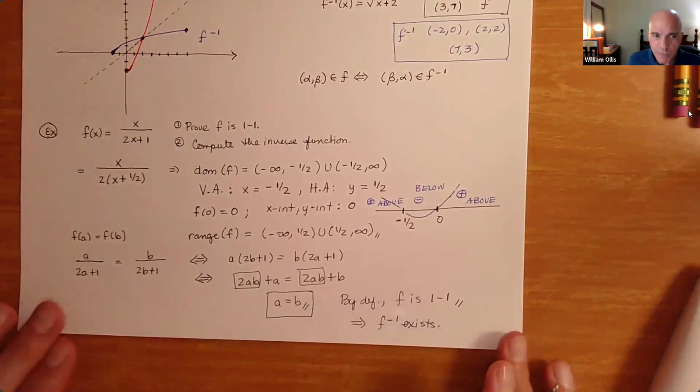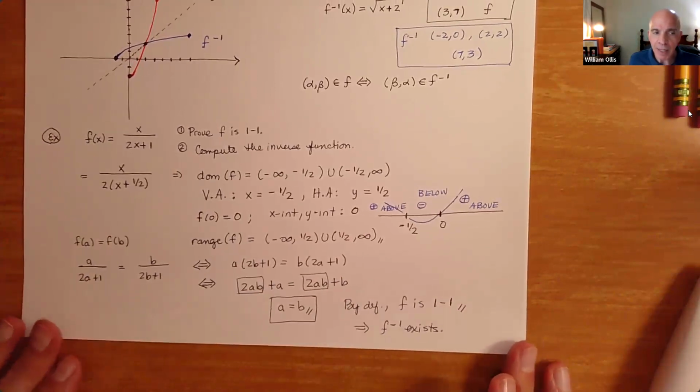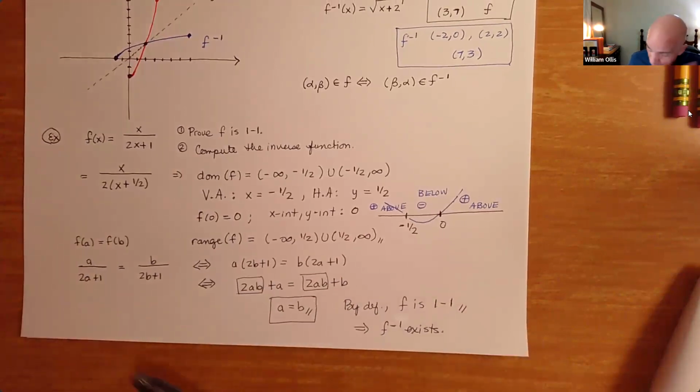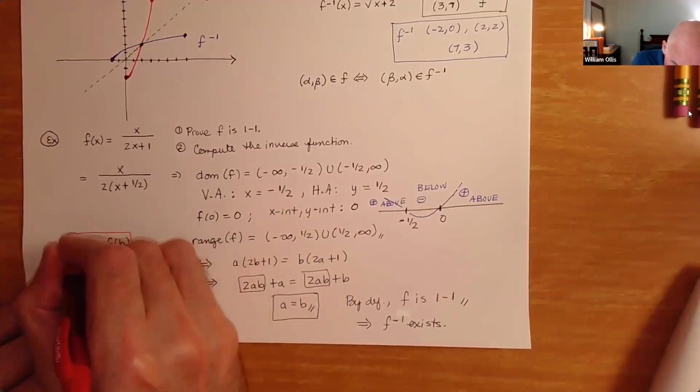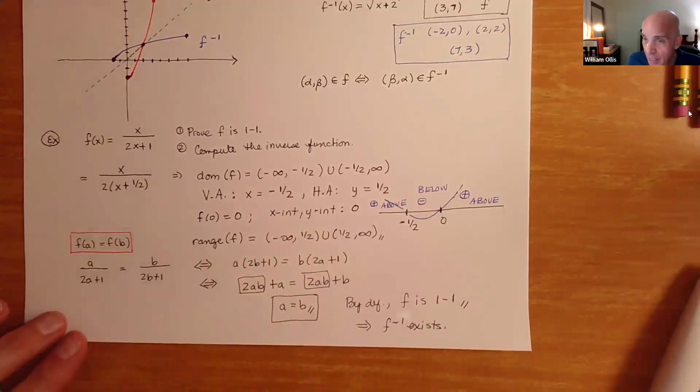Okay, so it's very simple when you think about it. When we use the definition here, f of A equals f of B, that is simply saying that if we have elements in the range that are equal, and we can show that A equals B, then those elements are actually unique. There's only one mapping from the domain.